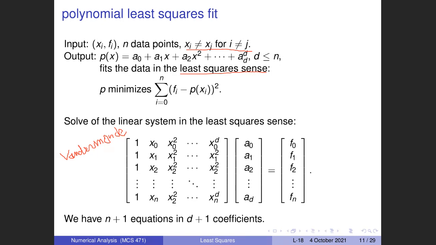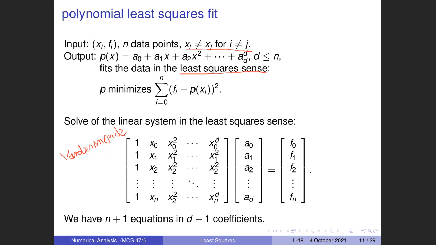But here this will essentially be an entirely linear algebra problem, even if the Vandermonde matrix is very structured. It is an over-constrained system, n+1 equations and d+1 coefficients.